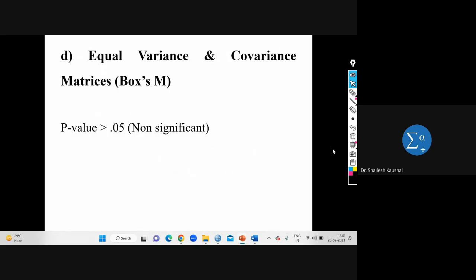Now the fourth is p-value should be non-significant. Equal variance and covariance matrices should be non-significant. It means the variance and covariance should not be there, there should be homogeneity in the data.